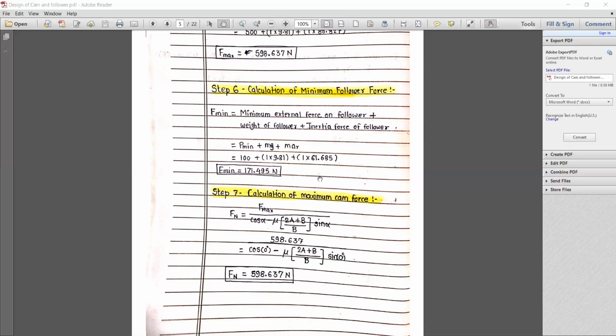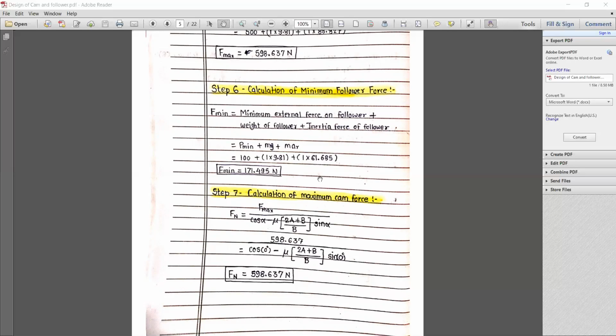Now next, to calculate the maximum cam force, the same equation we have already seen. Fn is equal to F max divided by cos of alpha minus mu into 2a plus b divided by b into sine of alpha.